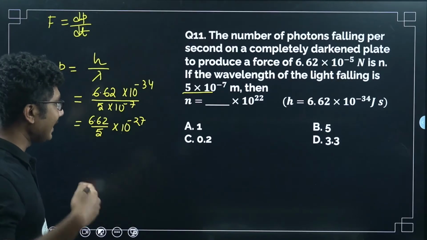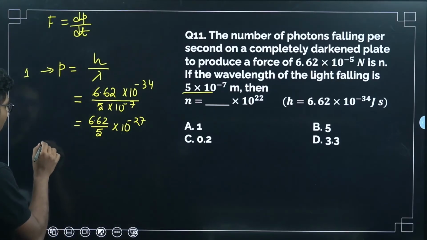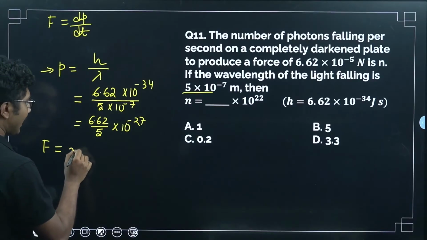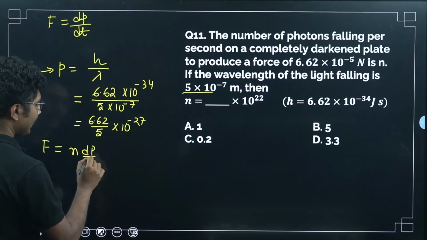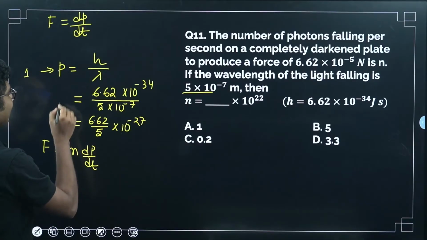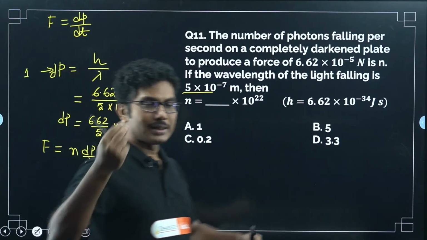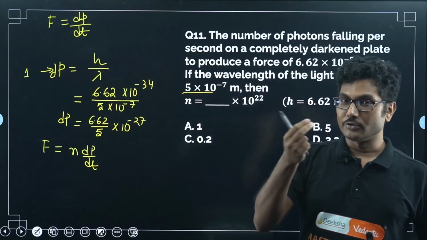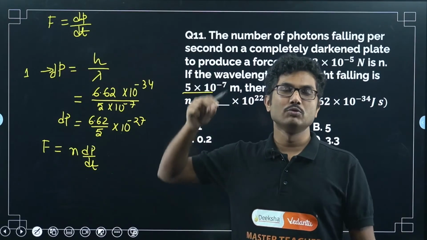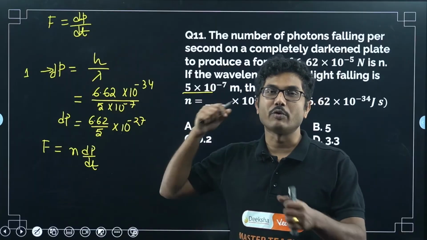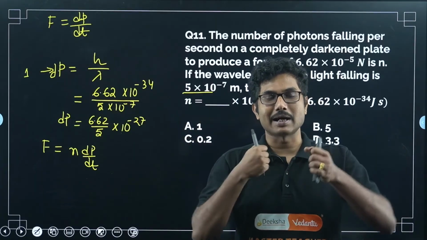Now if there are n number of photons, then the total force should be equal to n dp by dt. This itself is dp. Why is this dp? Suppose there is a collision, you remember the collision problem, a ball was moving with a high velocity, then suddenly it collided with the medium and comes to a stop.